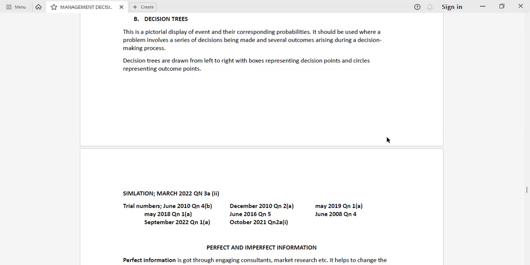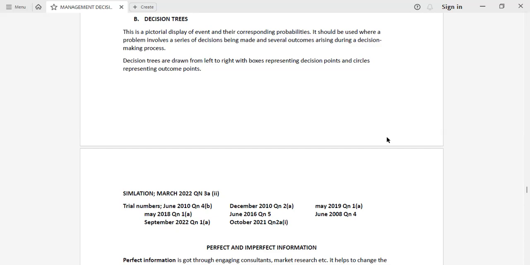Because even the other information that we solve using the mathematical approach, we can straight away put that information on a decision tree. So it is very important for us to understand how to draw a decision tree, because it serves two masters at once.